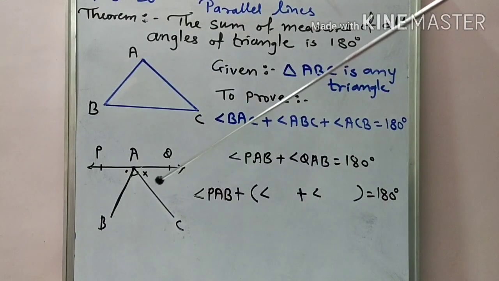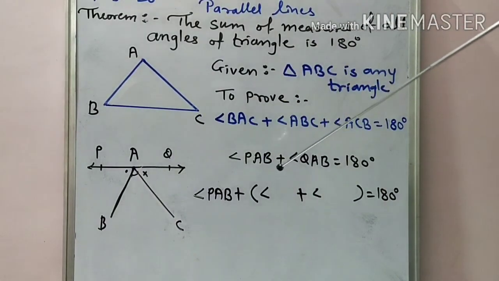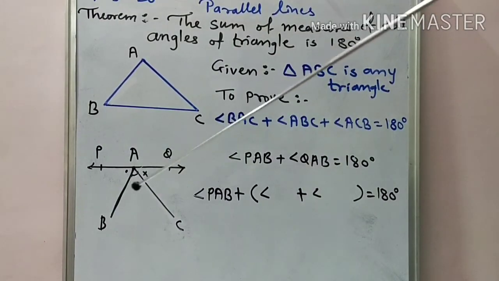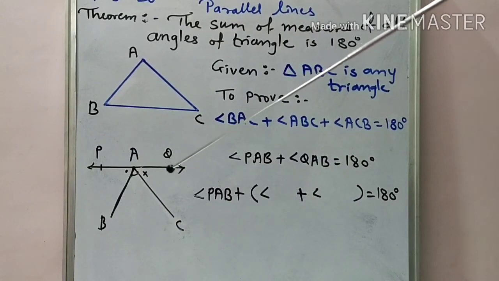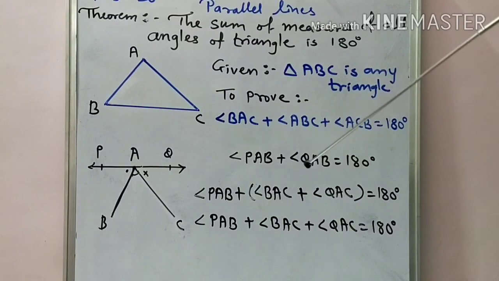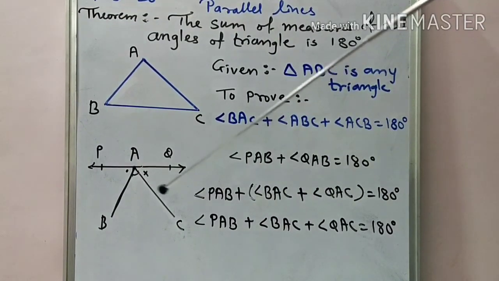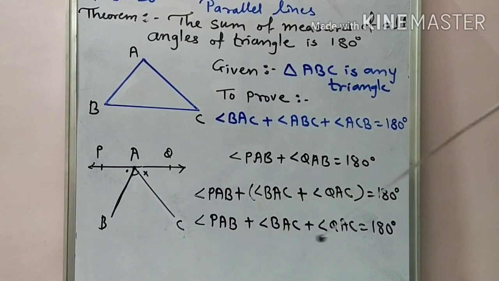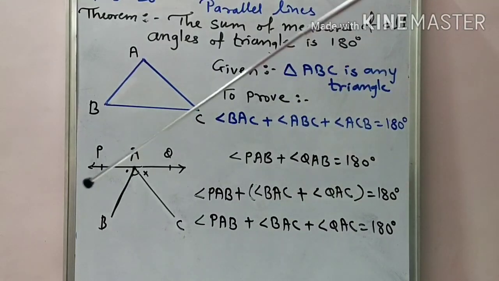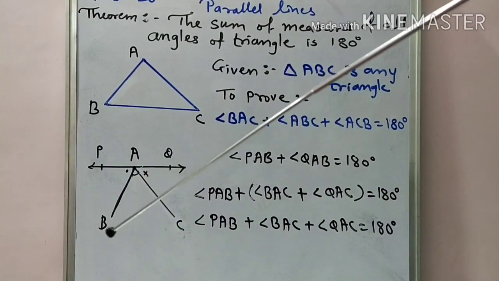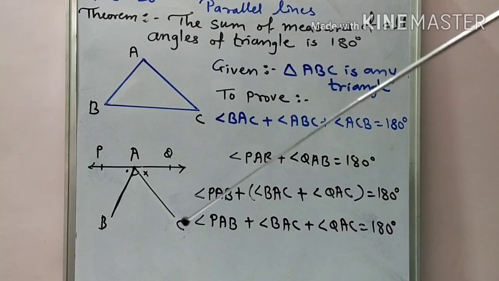Getting this? So angle QAB, according to AC, has again two parts, the sum of angle QAC and angle BAC. Understood this? That QAB we write down as angle BAC plus angle QAC. And now as we open this bracket, we get that the sum of these three angles is equal to 180. Angle PAB plus angle BAC plus angle QAC is equal to 180.